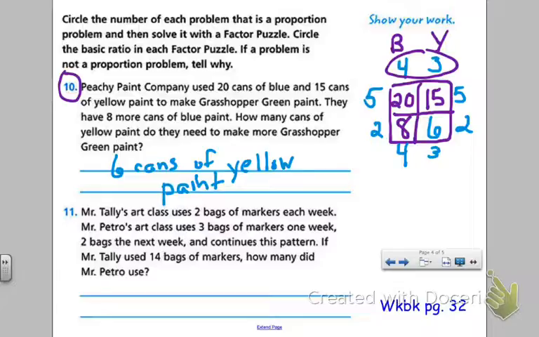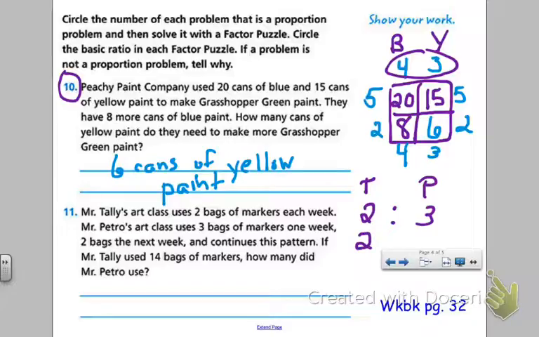However, it doesn't sound like that's always going to be the same. It looks like the first week, Mr. Talley uses 2 bags. I'll do T for Talley. And Mr. Petro uses 3 bags. So that's the first week. But then the second week comes around. Mr. Talley still uses 2 bags every week.